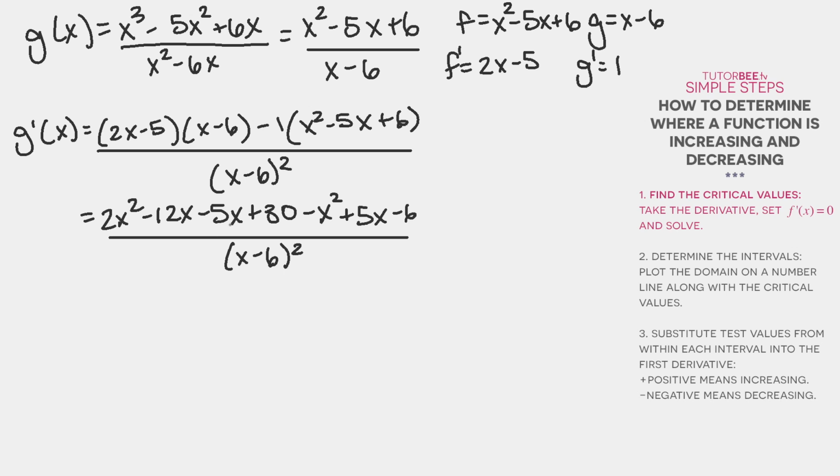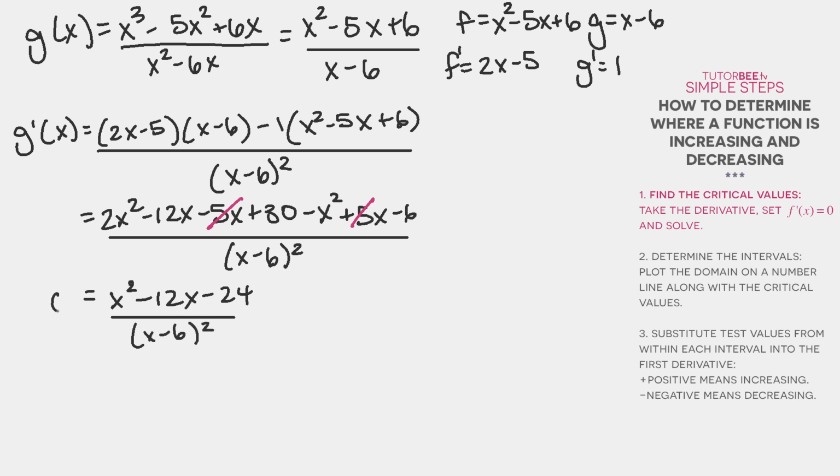When we simplify up top, we can see that a negative 5x and a 5x will cancel out. So we are left with x squared minus 12x, and then plus 30 and minus 6 is going to be minus 24. And that's going to be all over x minus 6 squared.